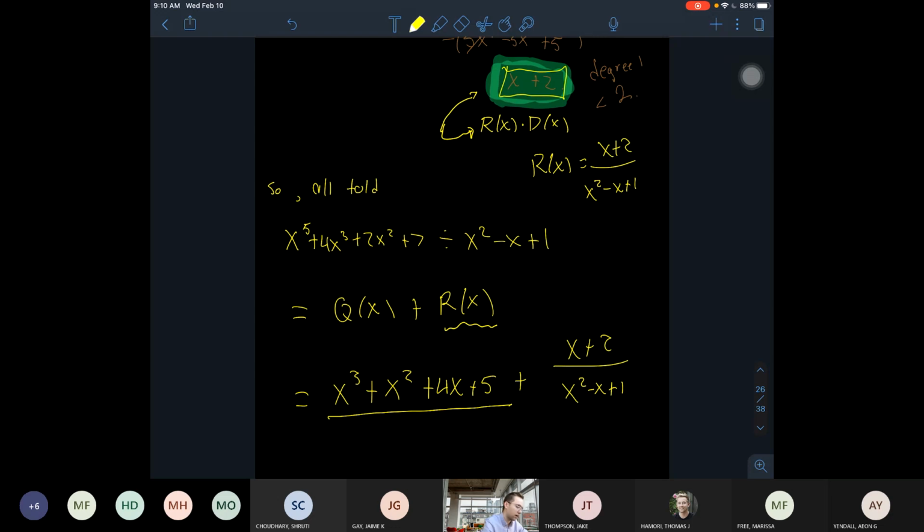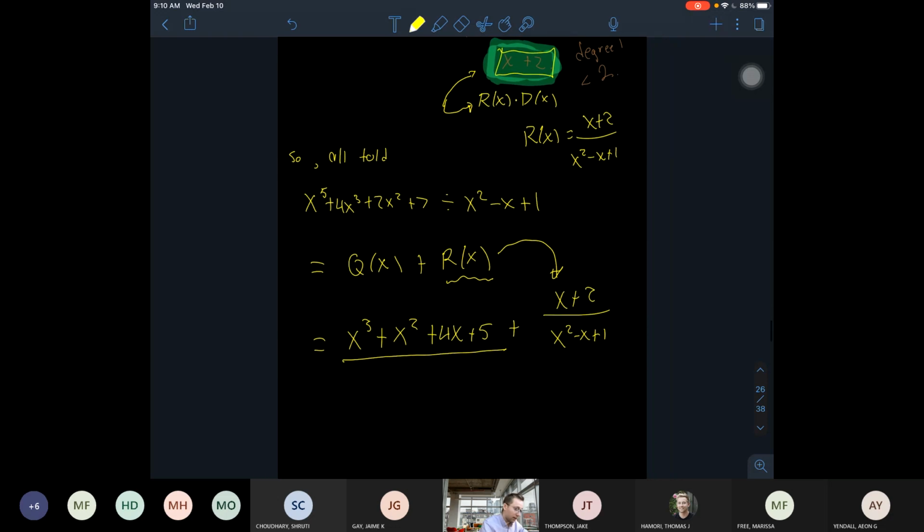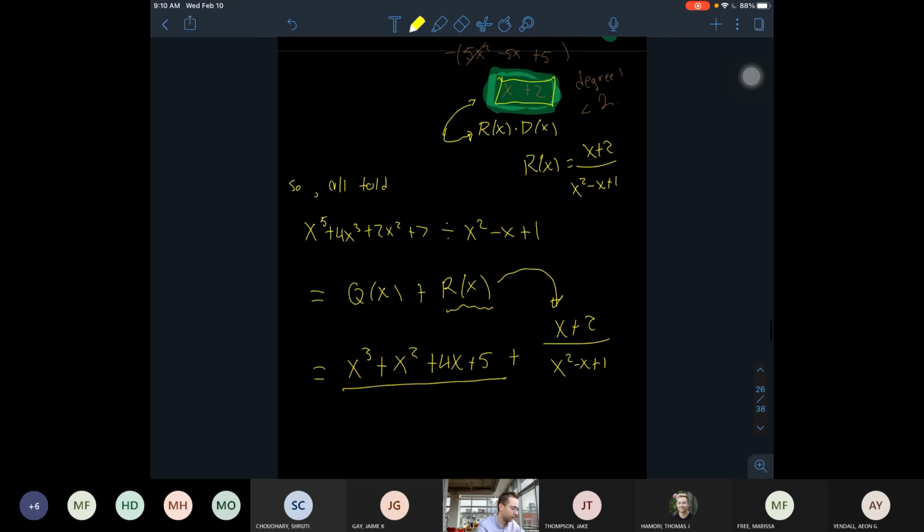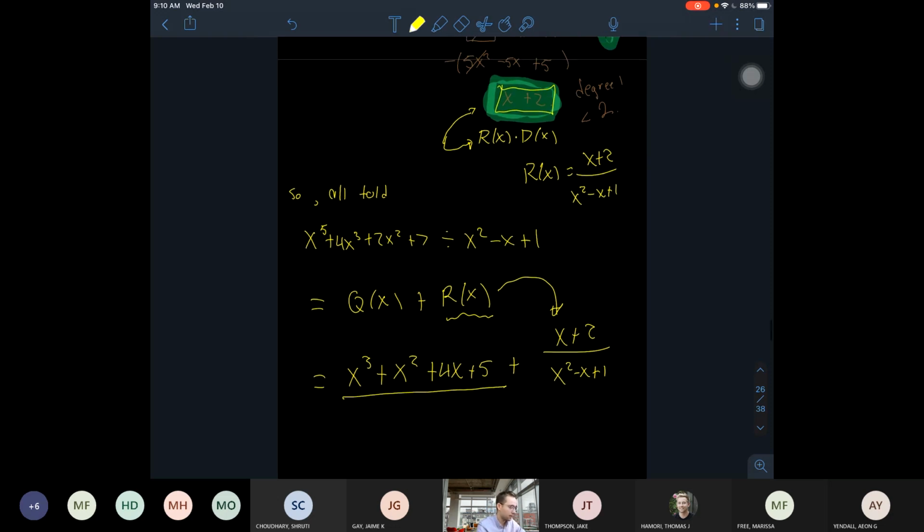So that's why r of x looks like this rational expression. And then we're done. Okay. So that is the entire process of long division. Does anybody have any questions about how we did that?